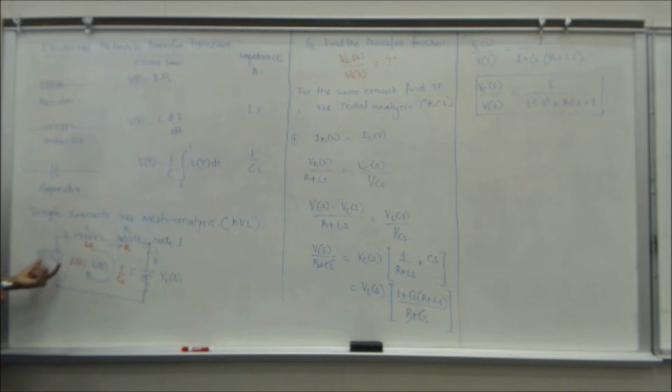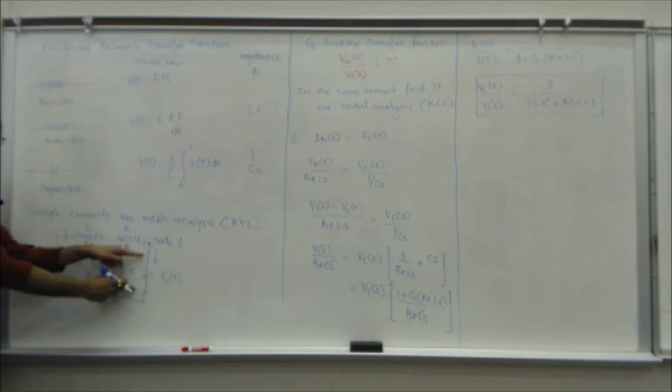See, voltage. Look at what did we say? Voltage input is equal to this plus this plus this, right? Now we are saying we'll do these two and this one. That's what we are interested in. Okay.